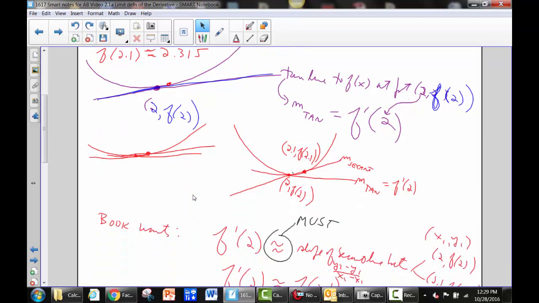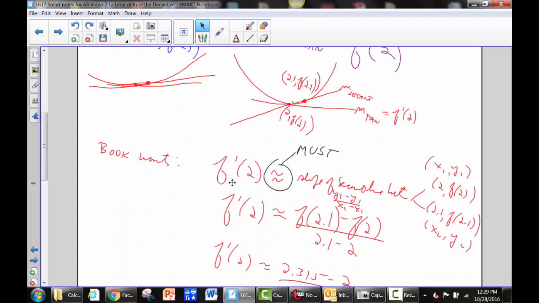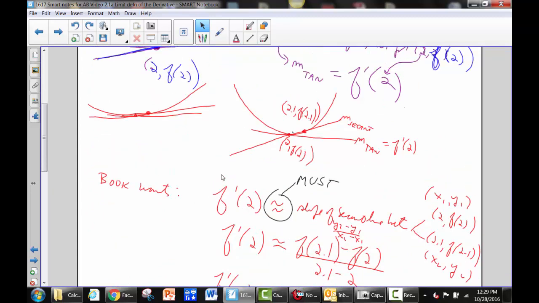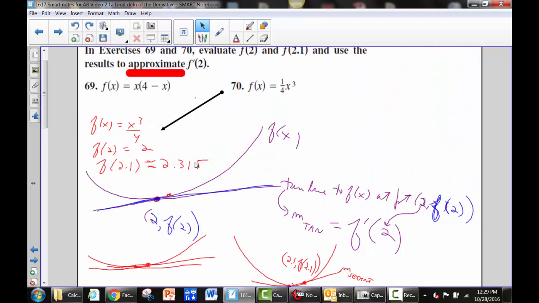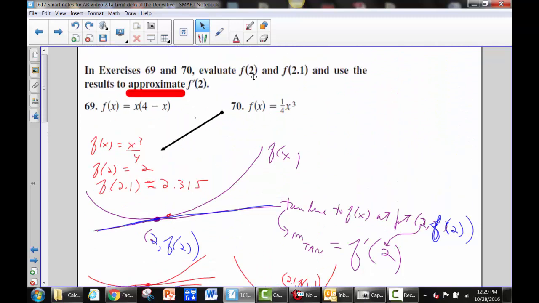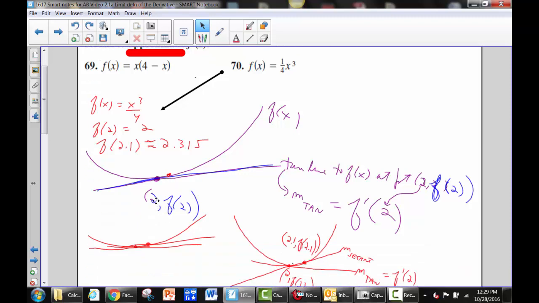Now, what happens is we're going to approximate f prime of 2 basically because these 2 points are so close together. I have x equals 2 and the next point is 2.1. So if this is the point 2 comma f of 2, very, very close to it is the point 2.1 comma f of 2.1. So if I find the slope between these 2 points, I'm going to have a very close approximation to the slope of the tangent line.